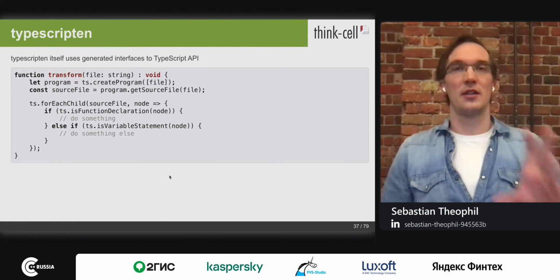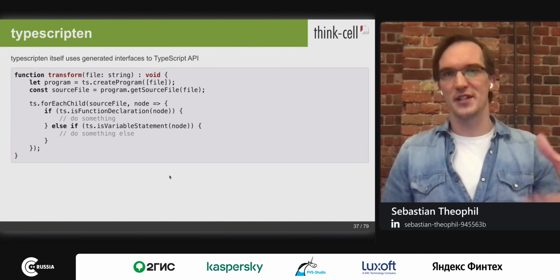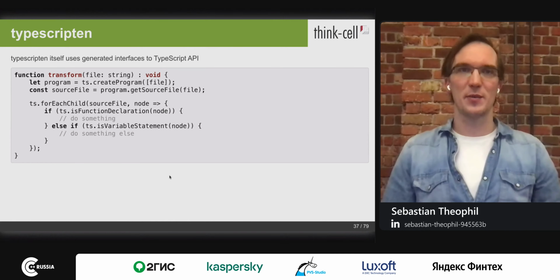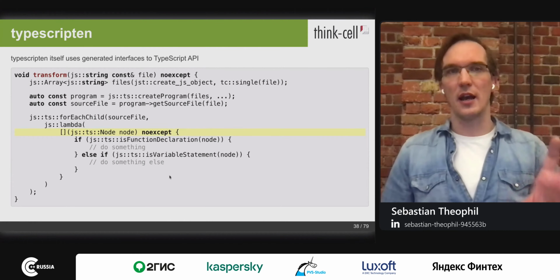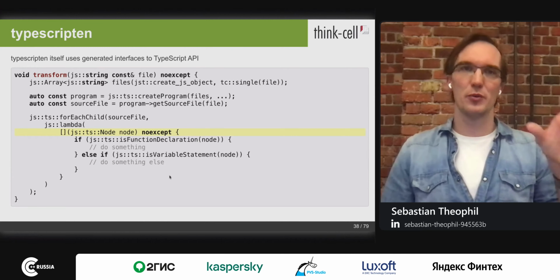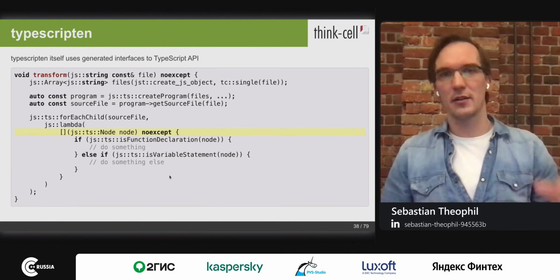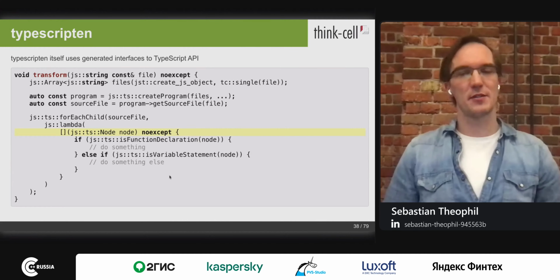So that means that this little TypeScript snippet I've shown you before that essentially parses and analyzes a TypeScript program can simply be transformed to C++, and then it looks broadly similar. And you see here in the highlighted line that we pass a C++ lambda to JavaScript, which will then be called as a callback from TypeScript back into C++. So that's pretty funky, and I'll show you how that works in a moment.